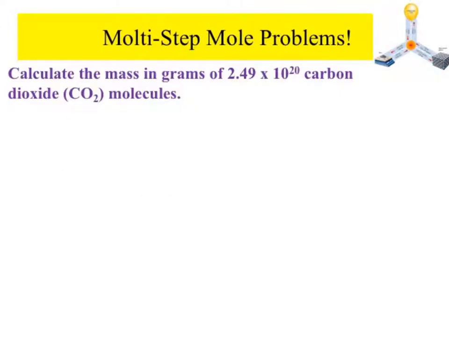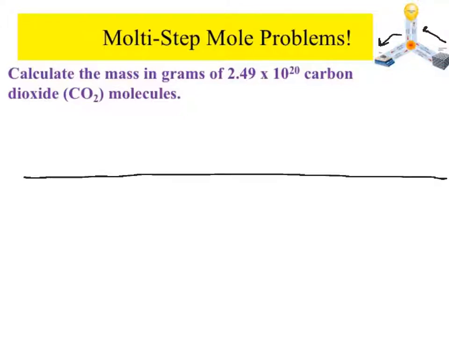Next, I'm going to calculate the mass in grams of 2.49 times 10 to the 20th carbon dioxide molecules. So I'm going from molecules to moles and then moles to grams. So another multi-step problem. Here's my line.